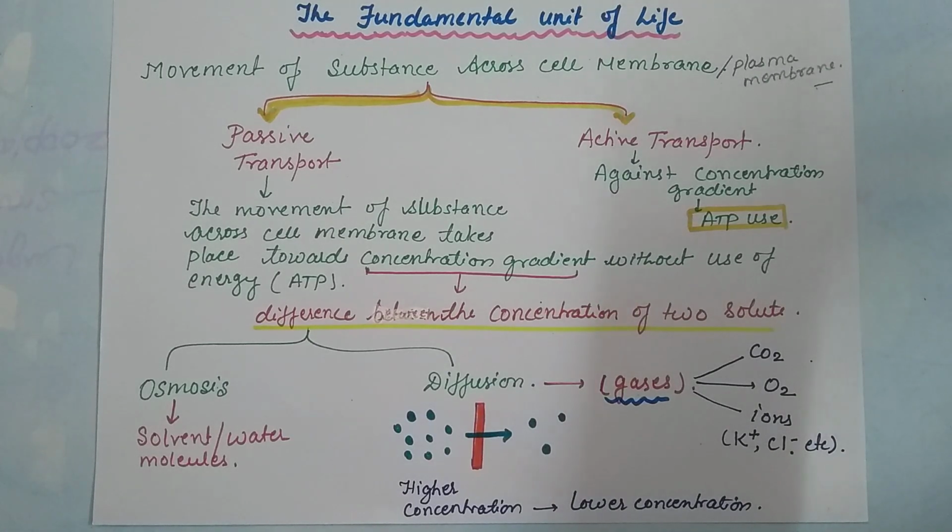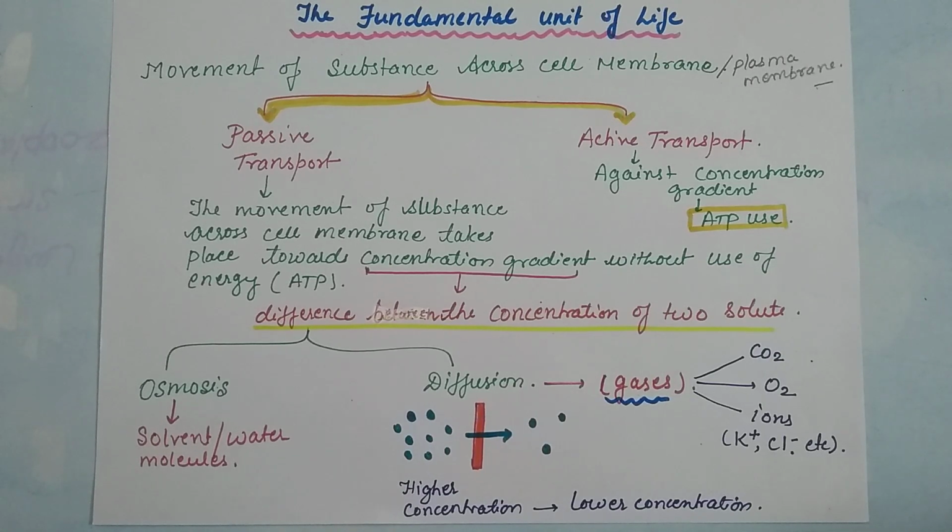We already studied that the plasma membrane helps in the entry and exit of substances. It is the outer membrane of the cell, and the cell always needs important things to come inside, while some things it wants to exit from the cell.